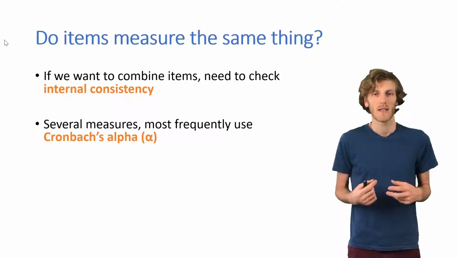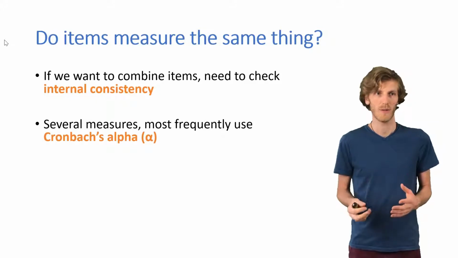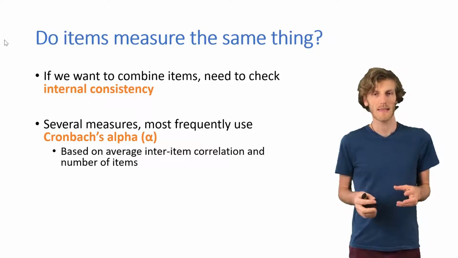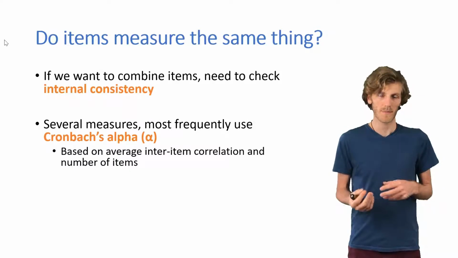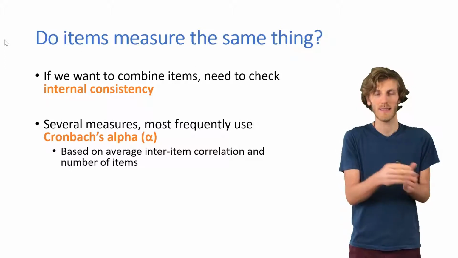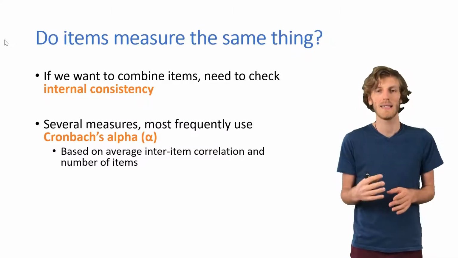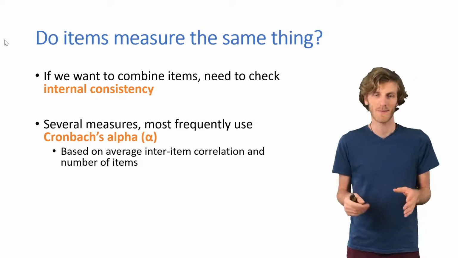And for that, so-called Cronbach's alpha is most frequently used. So that's based on the inter-item correlations and the number of items. And it gives us a single number that's again conveniently bounded between 0 and 1. And the higher it is, the more internally consistent that set of items is.